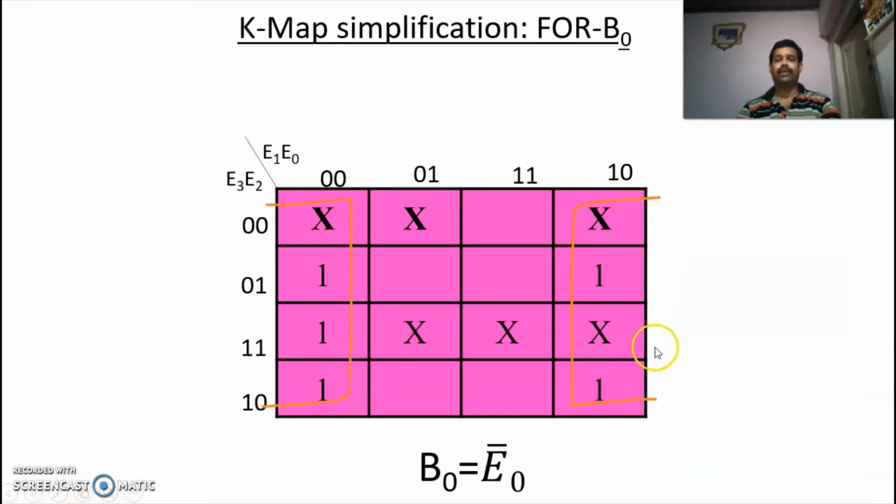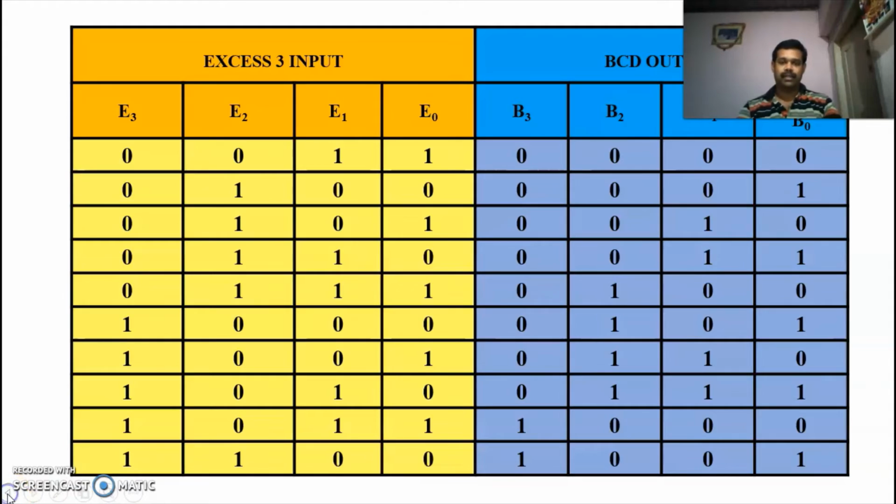Next we are going for K-map. So in the truth table we know that we are having 4 inputs and 4 outputs. So we have to draw a 4 variable K-map. So be careful while doing this problem.